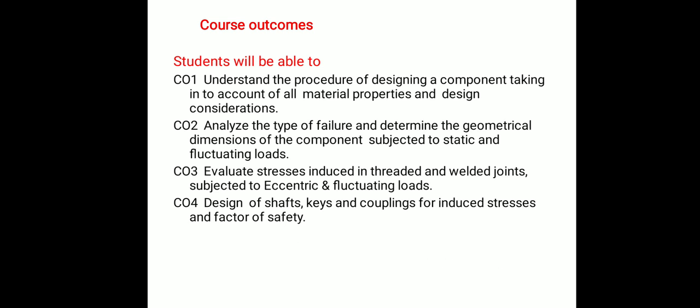Through unit 4, he will be able to design a shaft, key, and coupling depending upon the type of loading conditions and induced stresses, and considering the factor of safety also. And through unit 5, he will be able to design springs subjected to various types of static and dynamic loads. So these are the 5 COs the student will be able to achieve after learning this course.